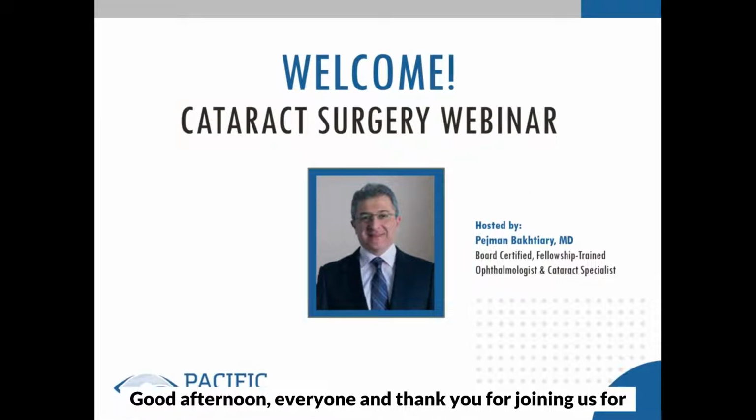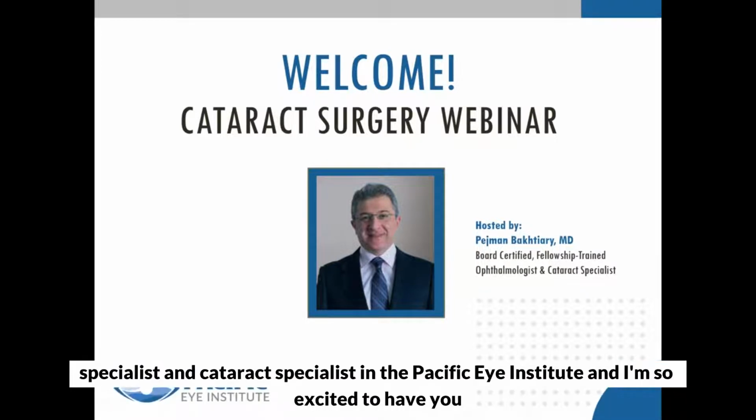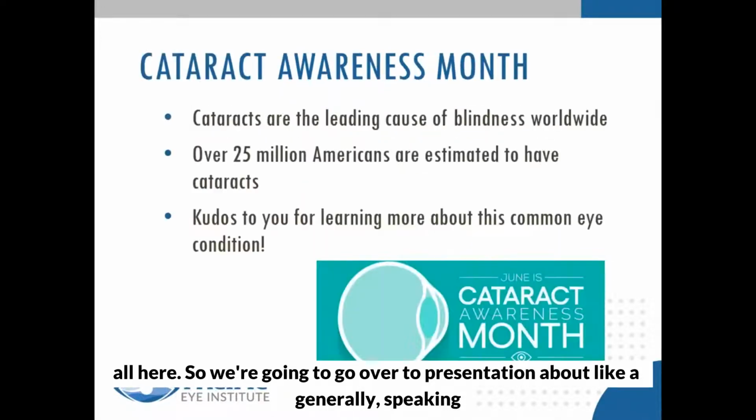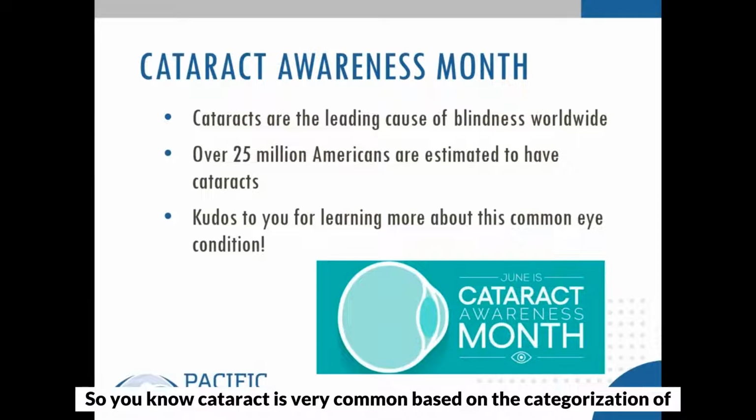Hey, good afternoon, everyone, and thank you for joining us for a cataract surgery webinar. I'm Pejman Bakhtari, and I'm one of the cornea and cataract specialists at the Pacific Eye Institute, and I'm so excited to have you all here. We're going to go over a presentation about cataract generally and its epidemiology in the United States. Cataract is very common.